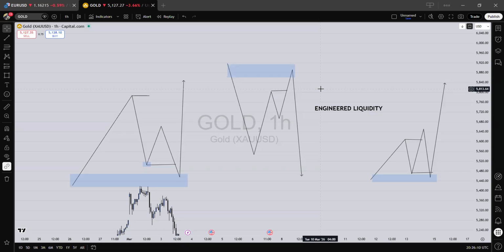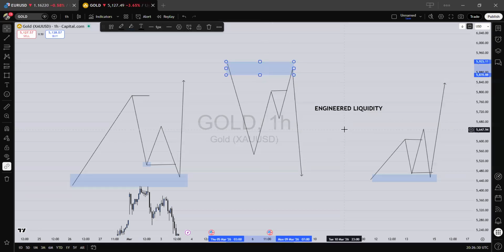When there is no inducement close to your POI, or if the inducement present is very far from your POI, price tends to engineer liquidity in order to use that POI, except price is not going to use that POI. But if price is going to use that POI, price will engineer liquidity.